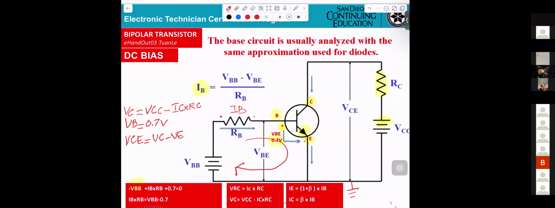Same thing if we want to measure the VCE, that means the high side of the meter connects to the collector and the low side connects to the emitter. Everything we already showed you in here. So try to read it again.